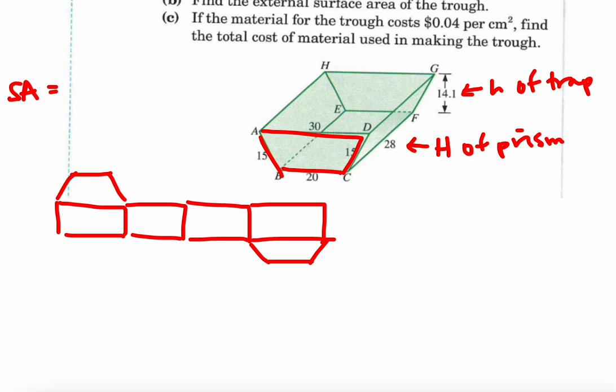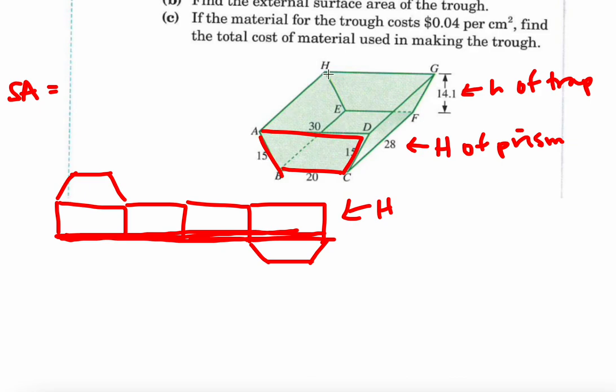So if you remember, for surface area of the big rectangle, it is the height of the prism times whatever the perimeter was, right? However, this trough needs a top that's open because the pigs need to eat from it like a bowl.